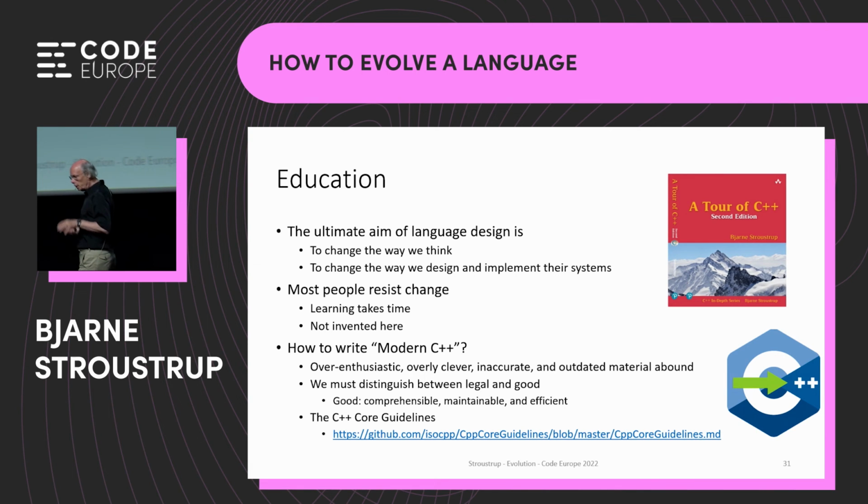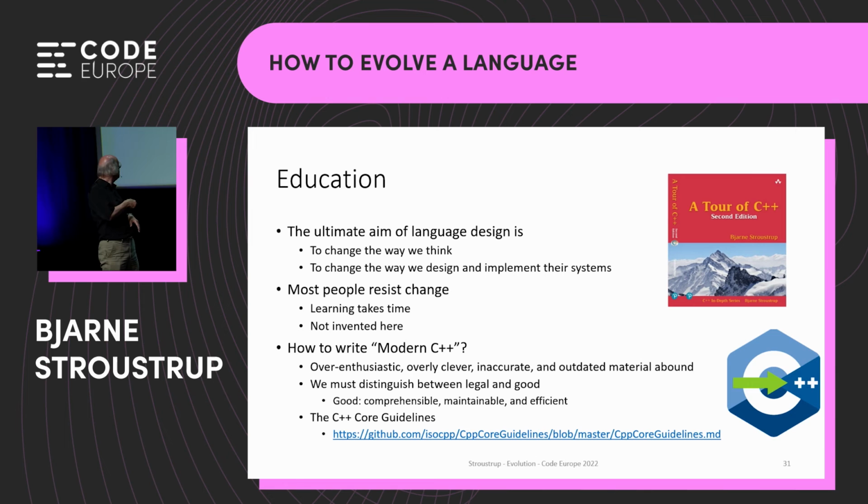We cannot break your old code, but we can provide newer ways of doing things so that it's possible to evolve into a better use. And the C++ Core Guidelines, you can find them on GitHub. It's a set of rules that should help people use modern features well. There are static analyzers that back this up, so that you can get, say, memory safety by following these rules and have it checked.